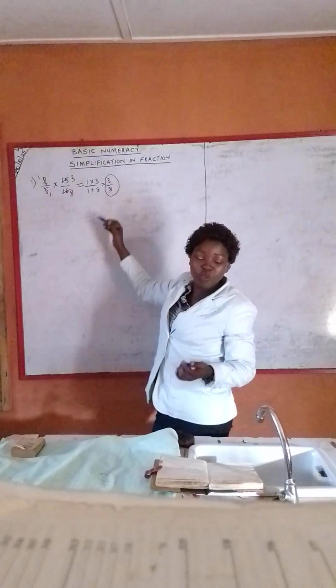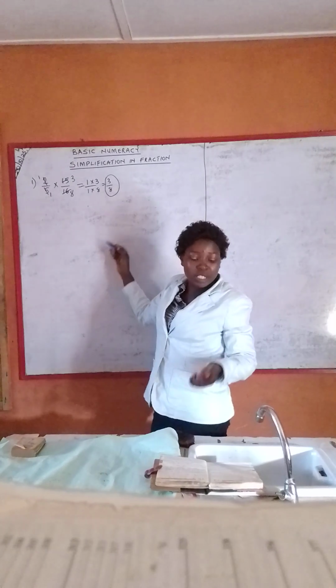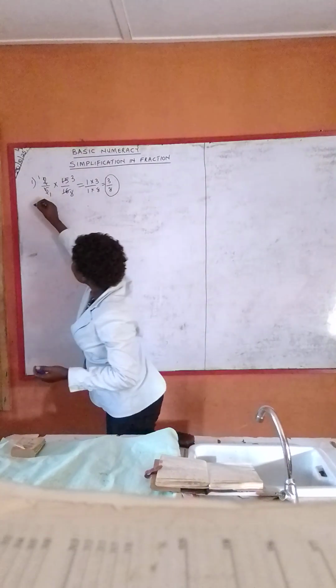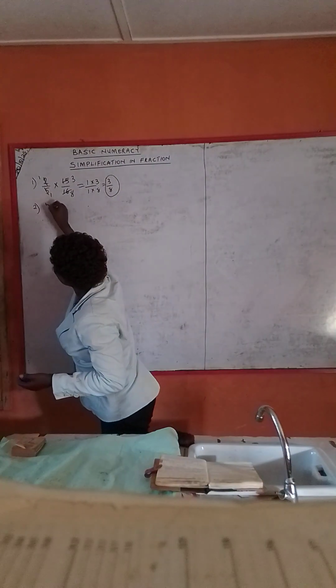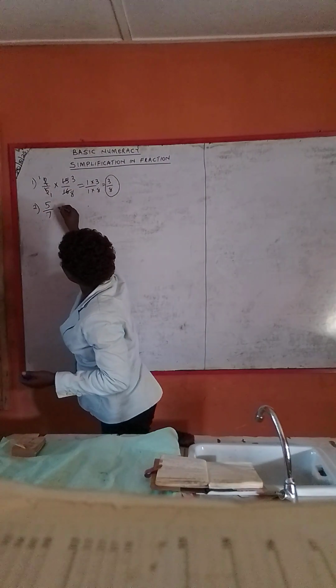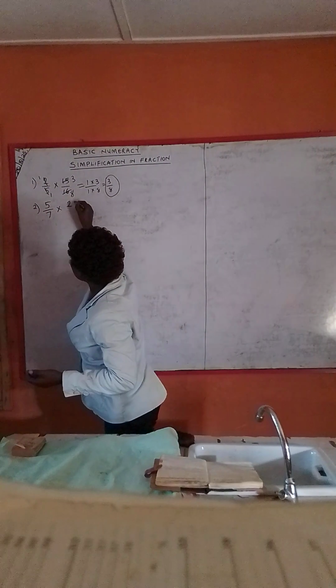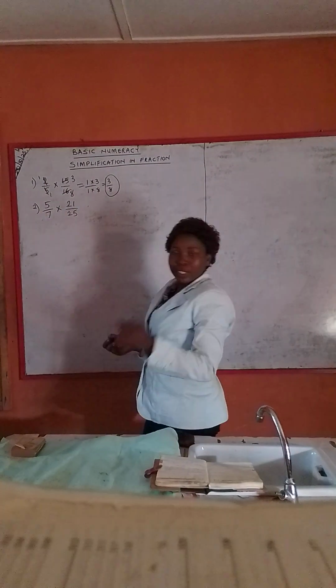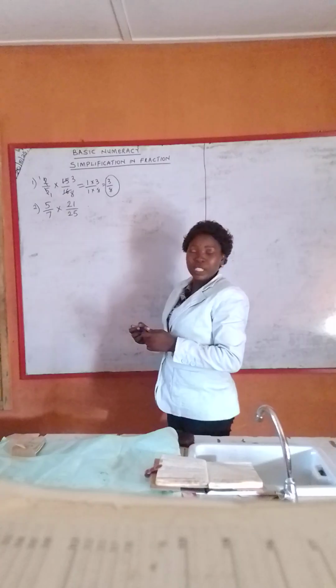Now let's pick another one for clarity's sake. 5 over 7 multiplied by 21 over 25. Now looking at this, how do we handle it?